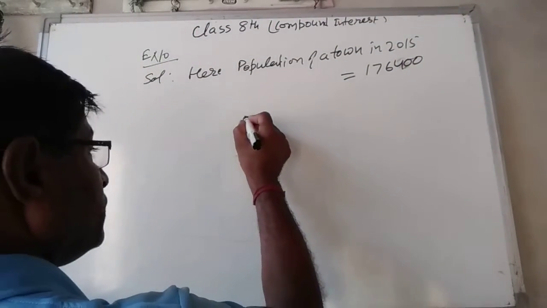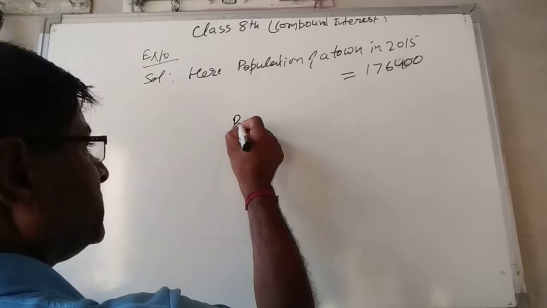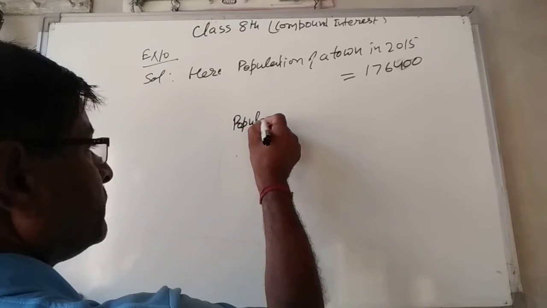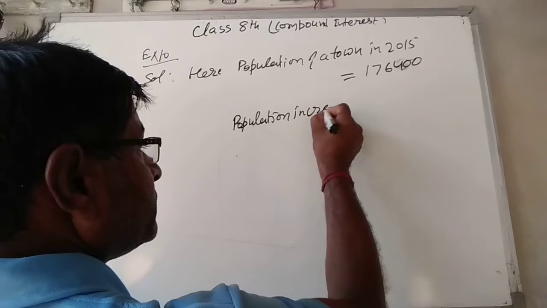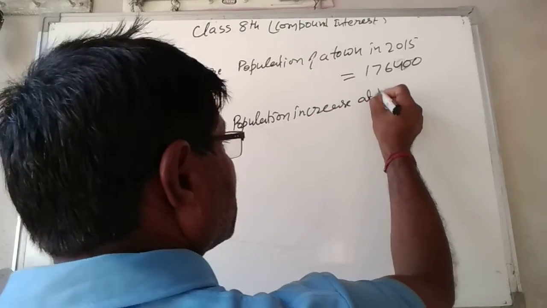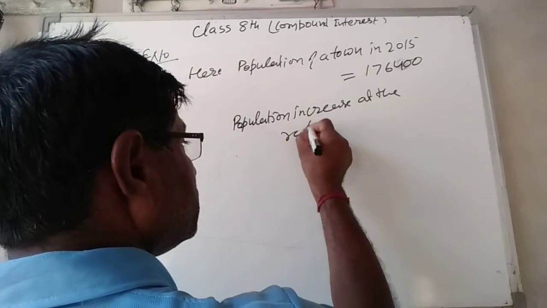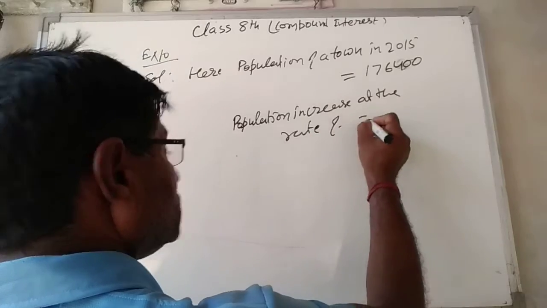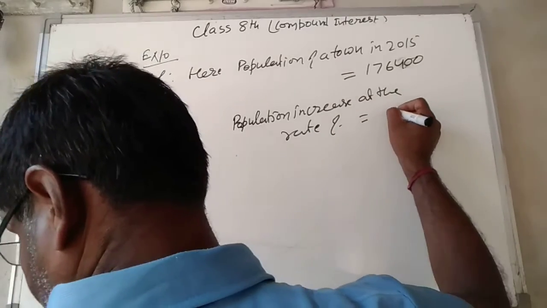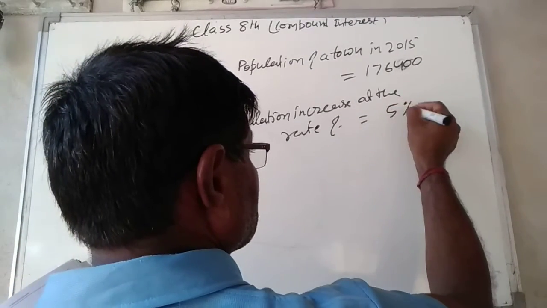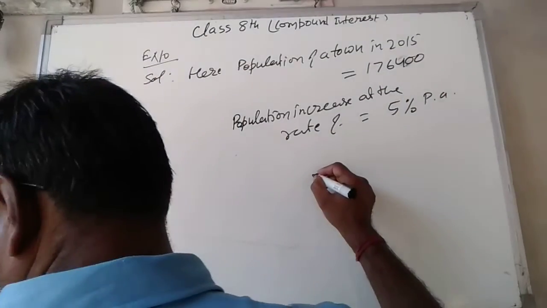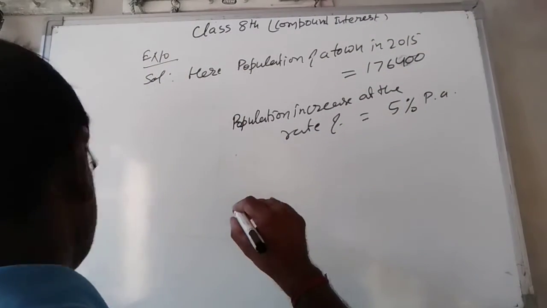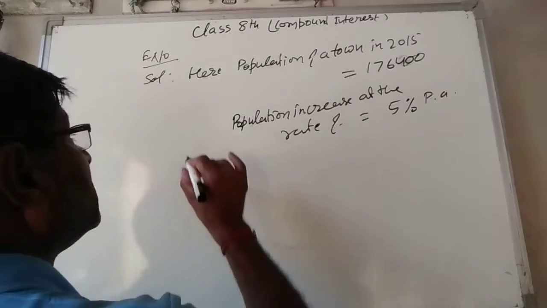Rate of population increase is equal to 5% per annum. Now he is asking the population in 2017. There are two questions.